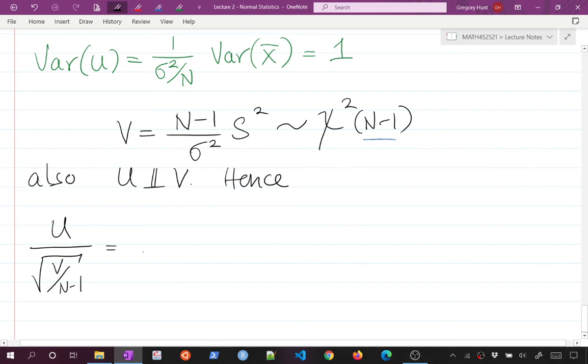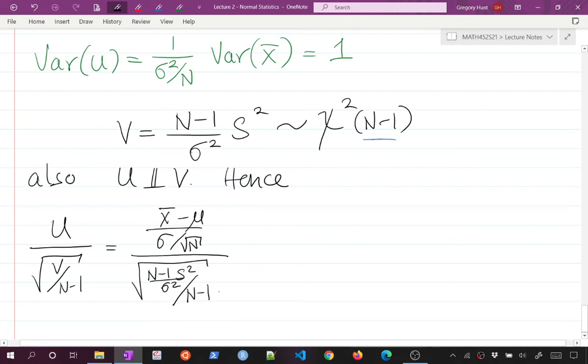Before we write that down, let's just do a little bit of simplification, right? So the top here is x bar minus mu over sigma over square root of n. The bottom here is the square root of n minus 1 s squared over sigma squared, all of that over n minus 1. So look what happens. N minus 1 cancels.